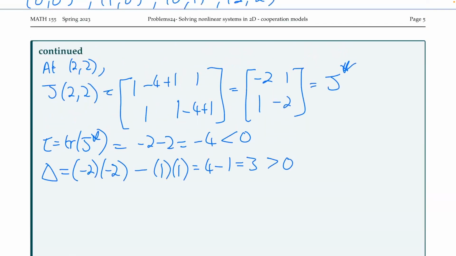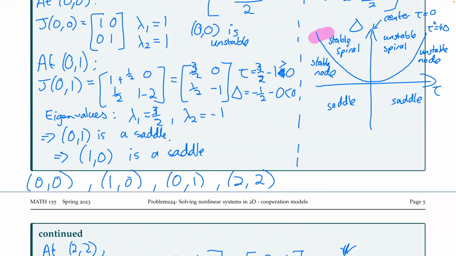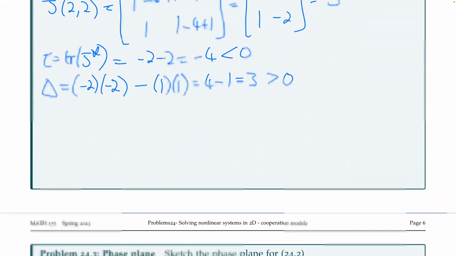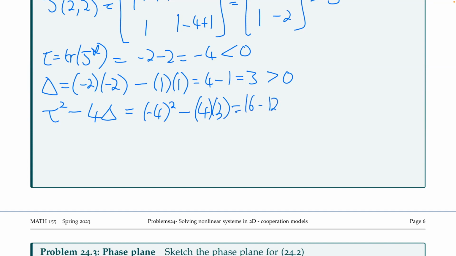So you have a negative trace and a positive determinant. So that tells me I'm somewhere up here. Trace squared minus 4 times the determinant is going to be -4 squared minus 4 times 3. 16 minus 12, which is positive.